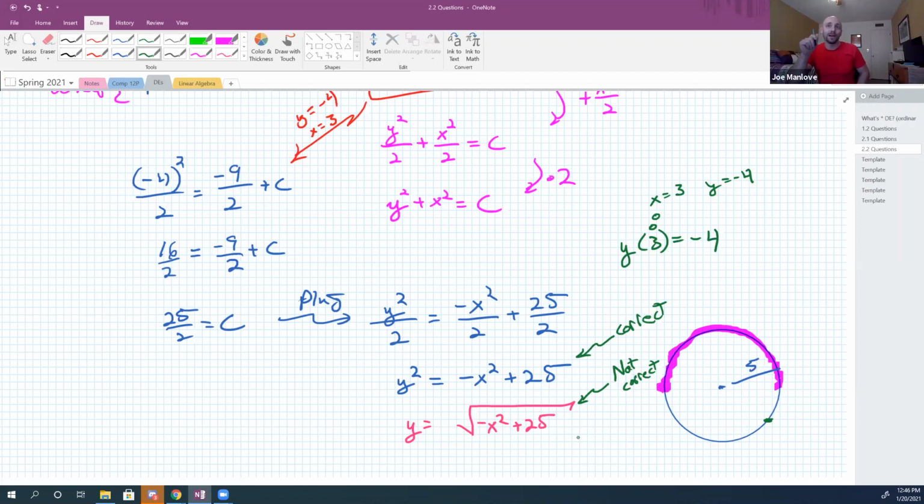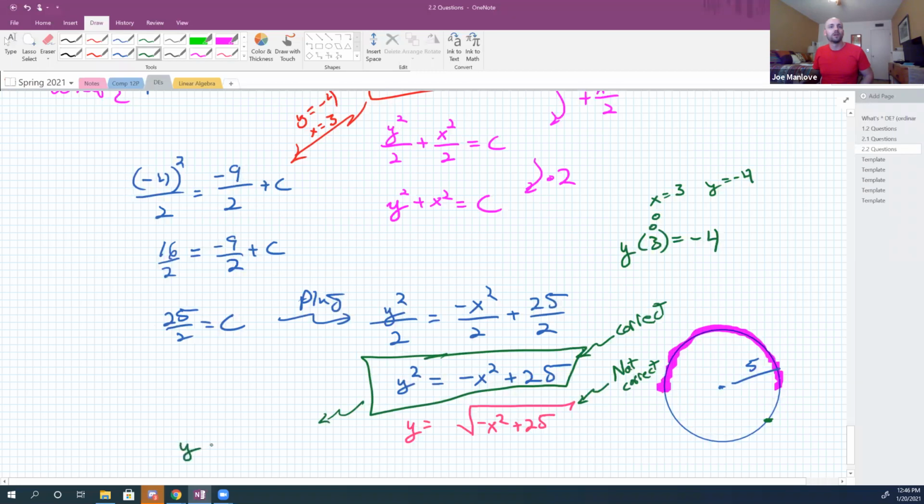It is probably best to leave it as an implicit solution here. In the case that you feel as though you must get an explicit solution, the correct explicit solution is y is negative the square root of negative x squared plus 25.